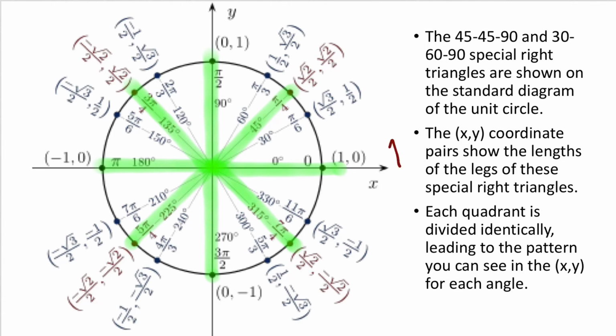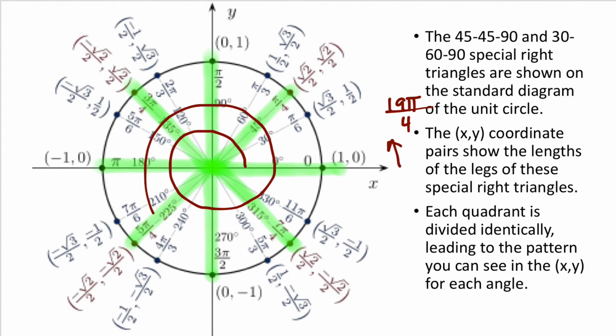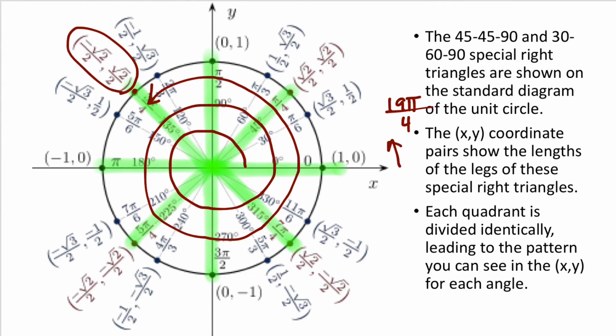Just write it down. All right, so that's 1, 2, 3, 4, 5, 6, 7, 8, 9, 10, 11, 12, 13, 14, 15, 16, 17, 18, 19. So I'm right here on this dot, and those are my coordinates.